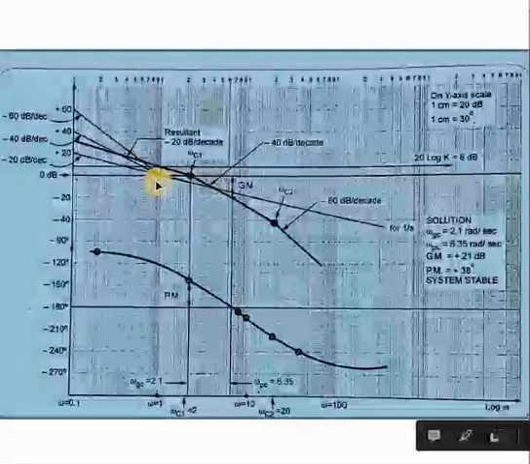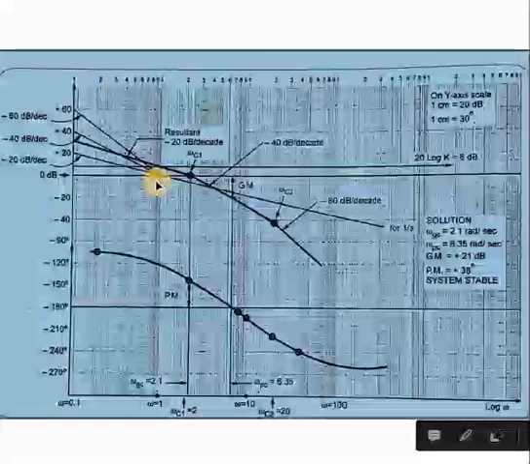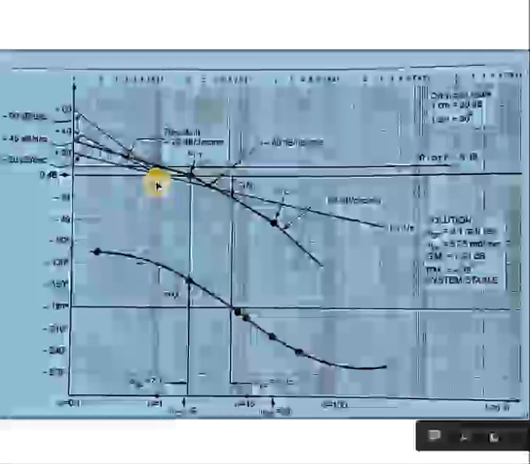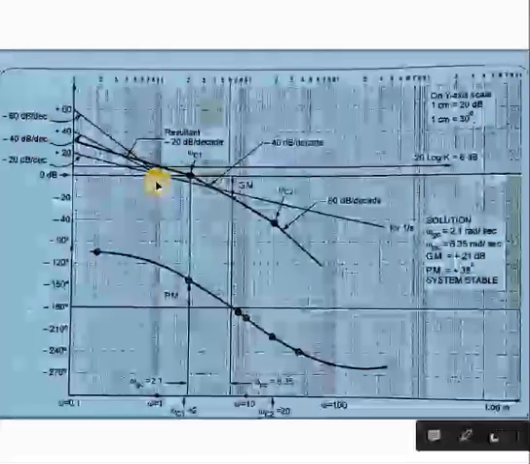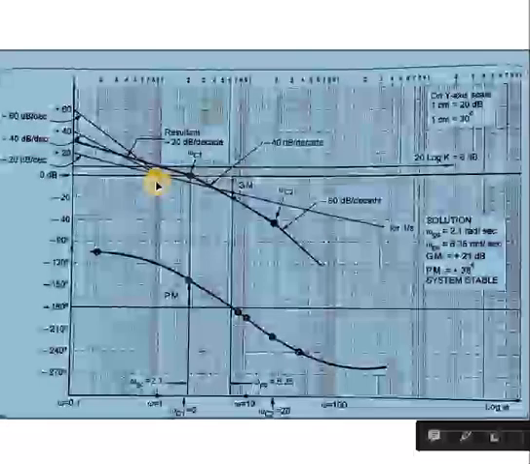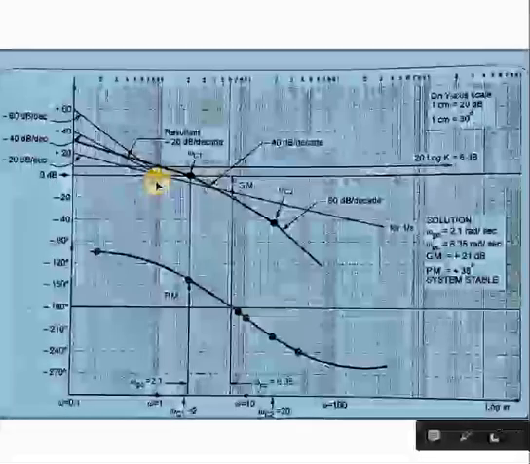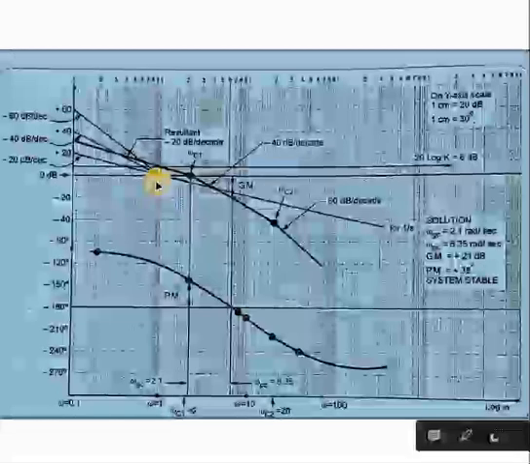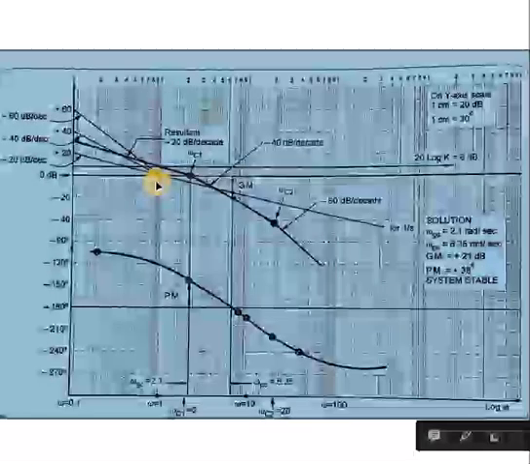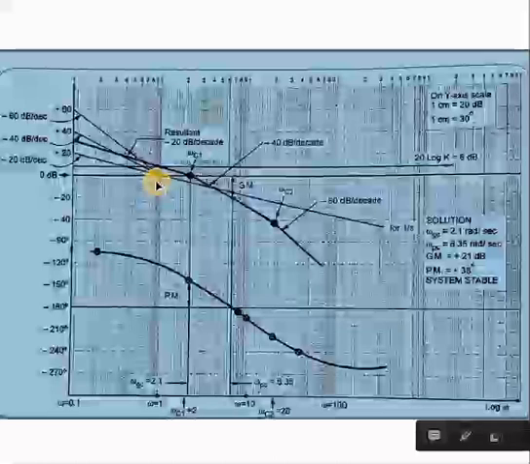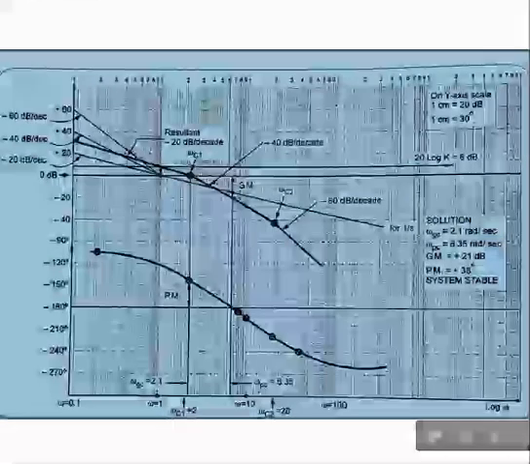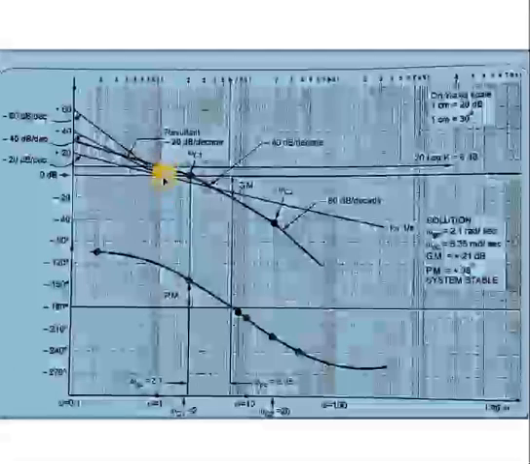So the first break frequency is 2 radian per second and the second frequency is 20 radian per second here. So your plot will be based on those values and their respective slopes.